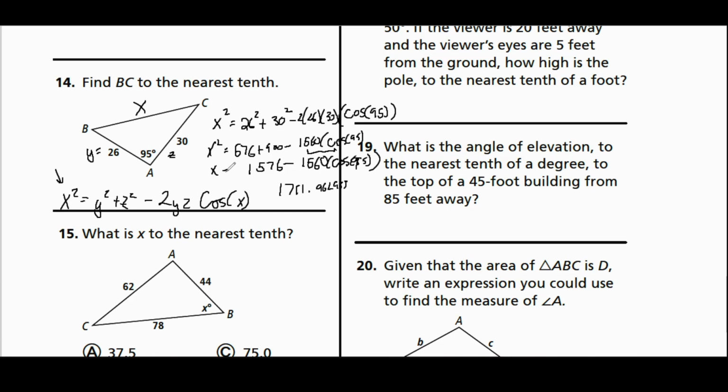But remember, even though we didn't carry it down the whole time, this is our x squared, so I'm going to take the square root of that. And I get x is equal to 41.37, which rounds to 41.4.